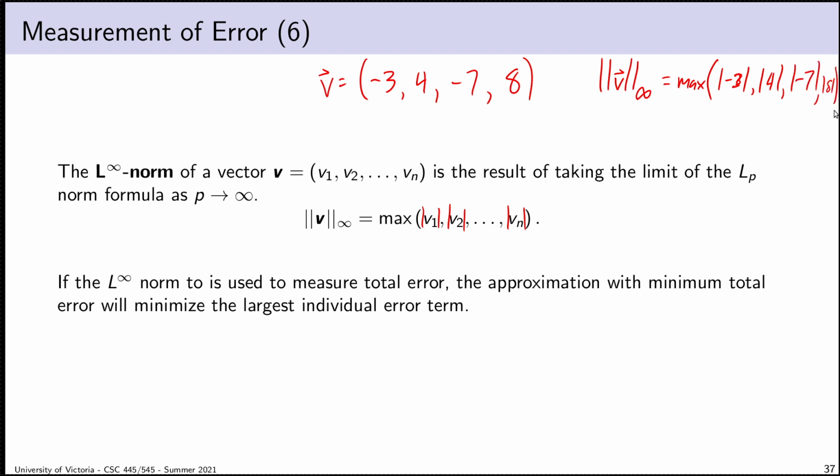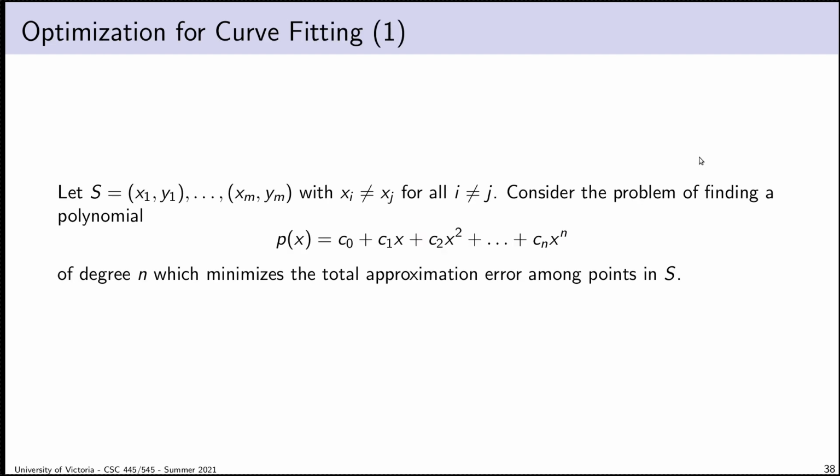Sorry about running off the edge there. And of course, that would just equal 7. And so that's the idea. As p goes to infinity, it converges to the state where the L infinity norm just gives me back the absolute value of the largest single component of the vector. We're not going to derive a linear program to compute this, although you are, because it's going to be an assignment question, so have fun with that.